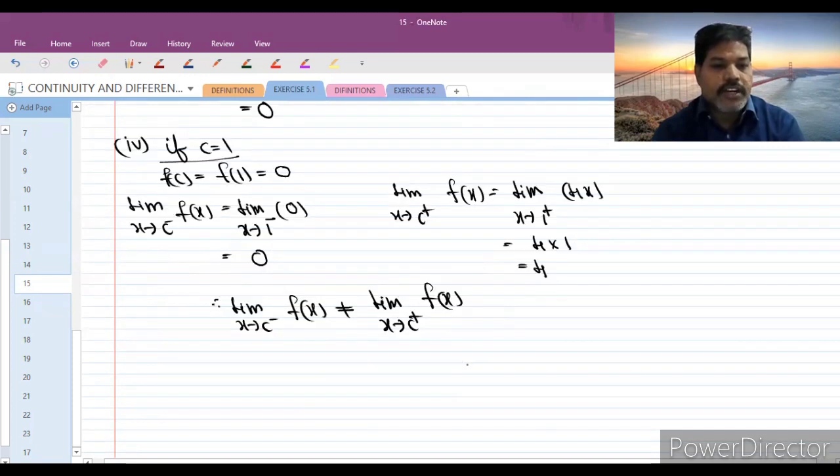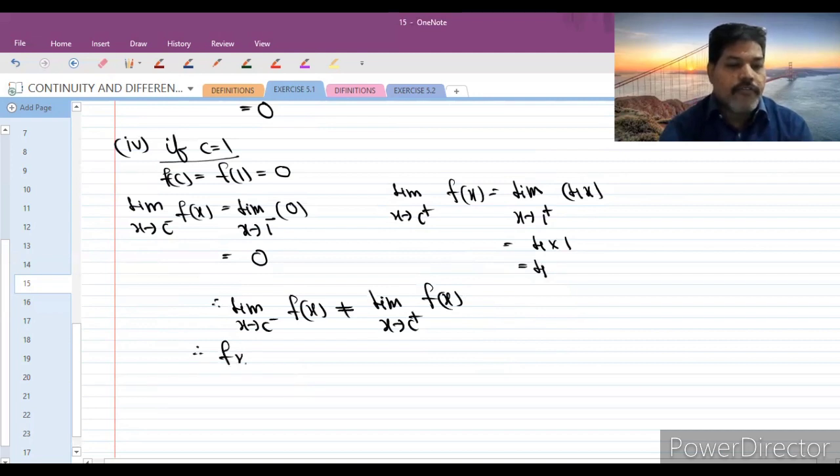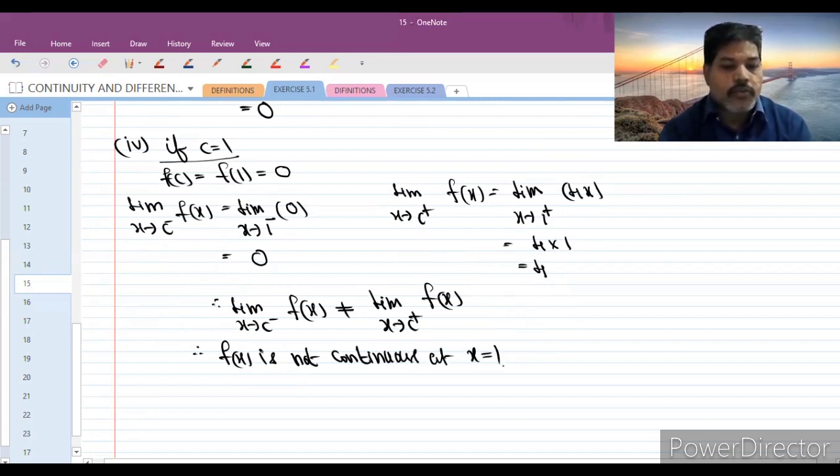Both do not coincide. Therefore, f of x is not continuous at x is equal to 1.